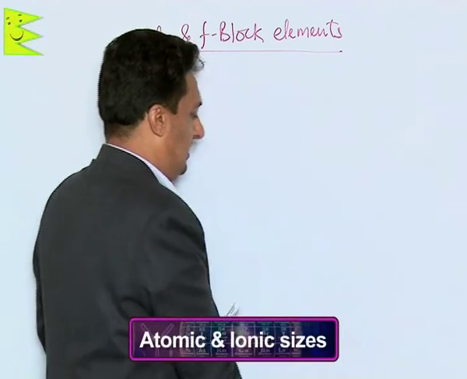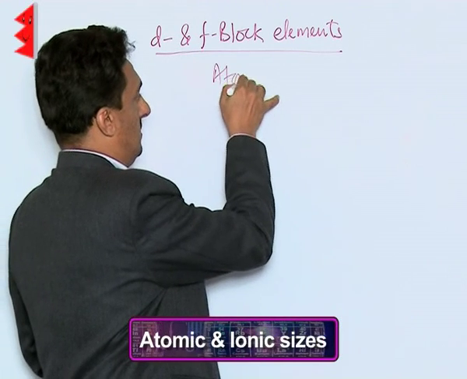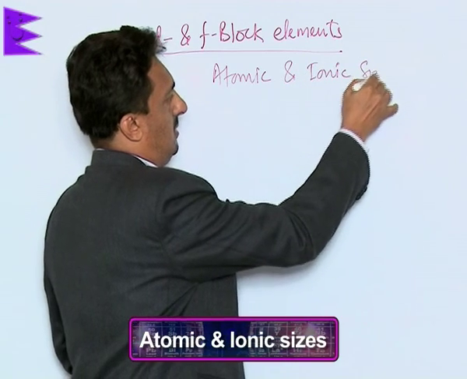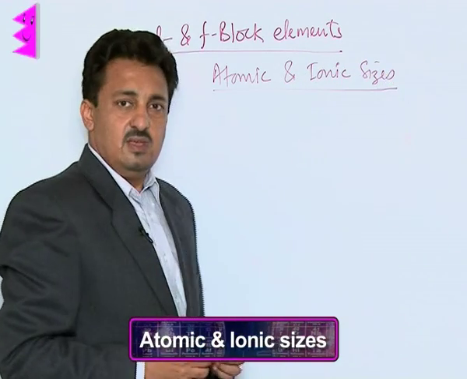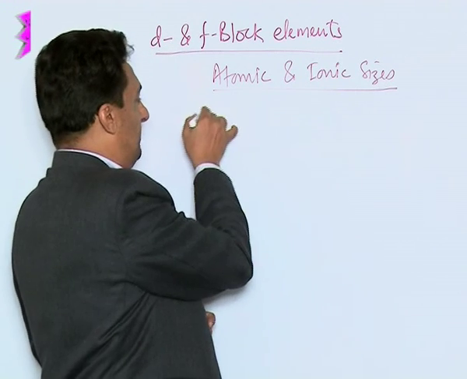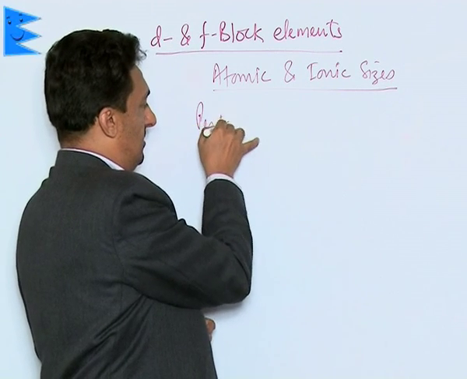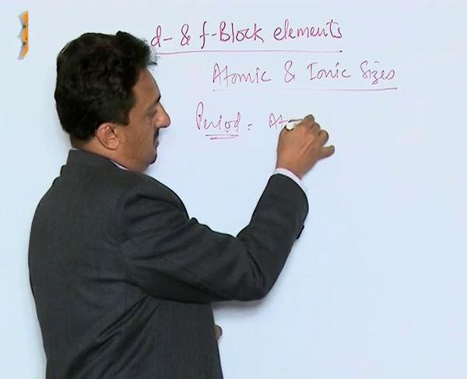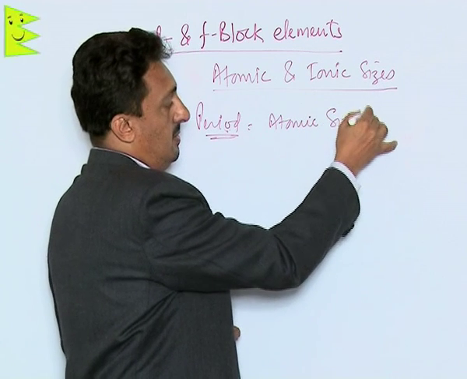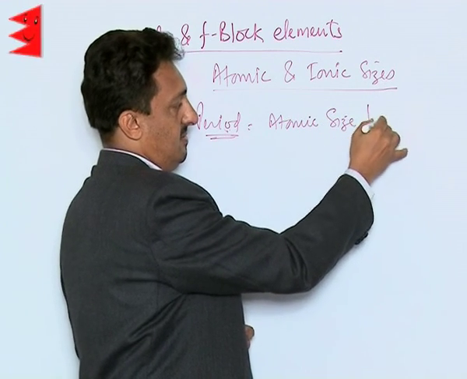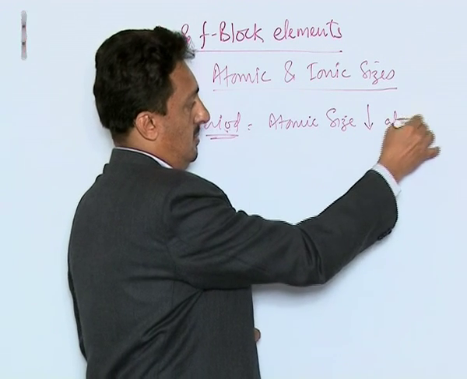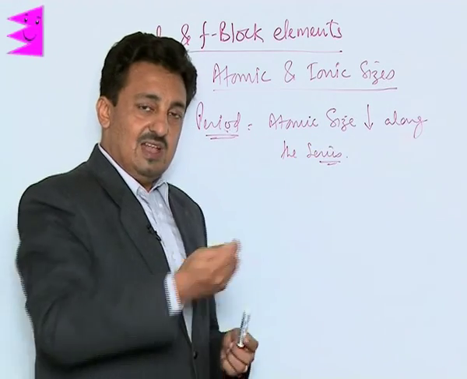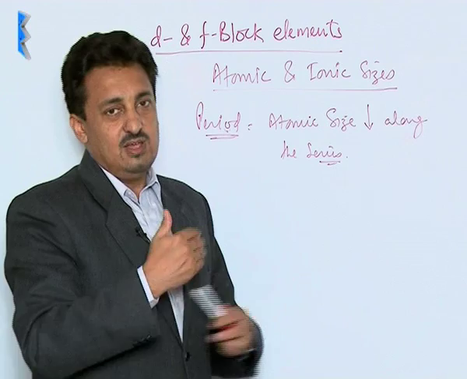which is their atomic and ionic sizes. See, we know that along a period or in any one of these series, the atomic size decreases along the series, and that's pretty obvious because the electrons are added to the same subshell and the nuclear charge keeps on increasing.